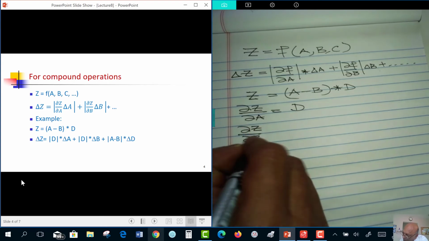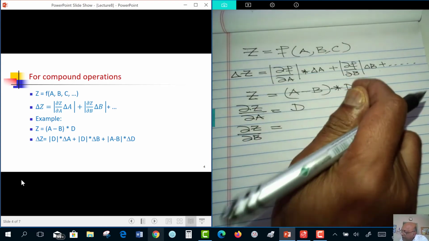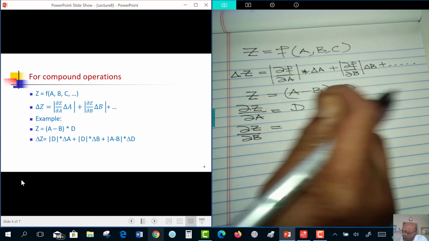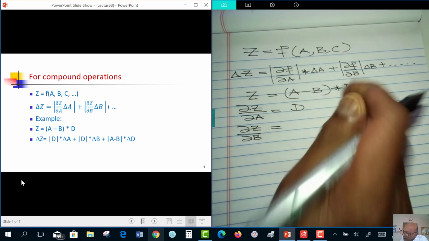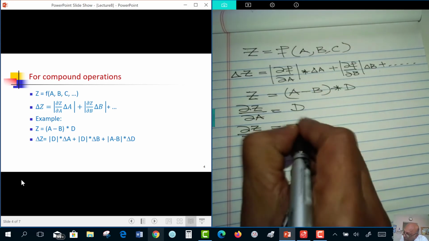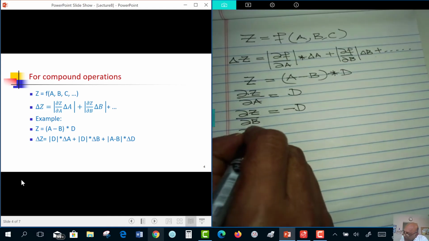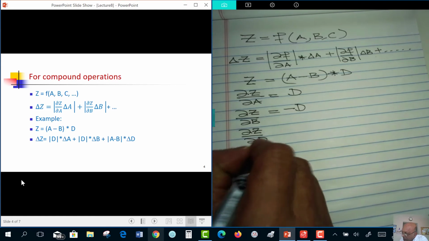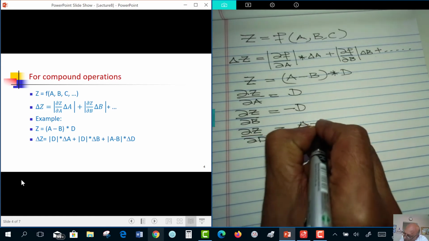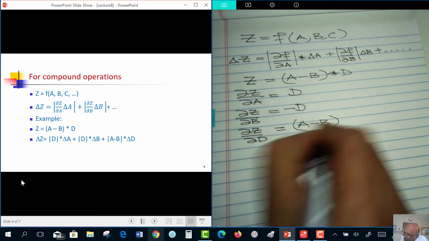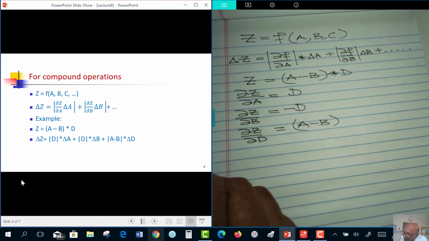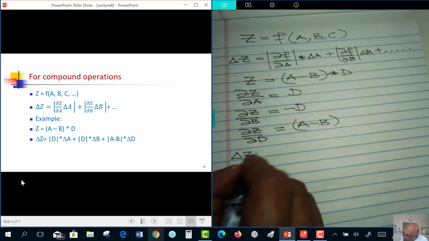Then delta Z over delta B, A times D, no B in it, minus B times D, we differentiate, we will get minus D. Then delta Z over delta D is A minus B.